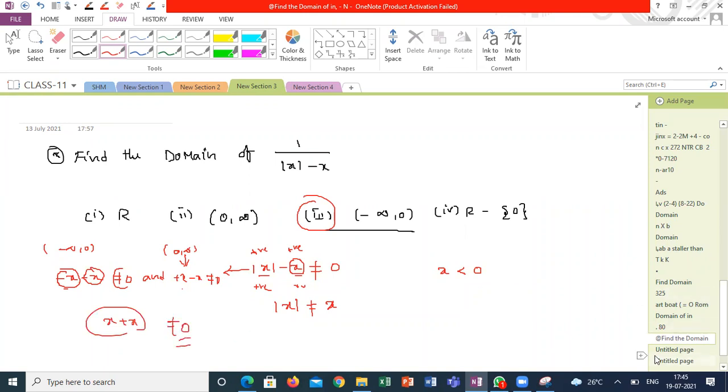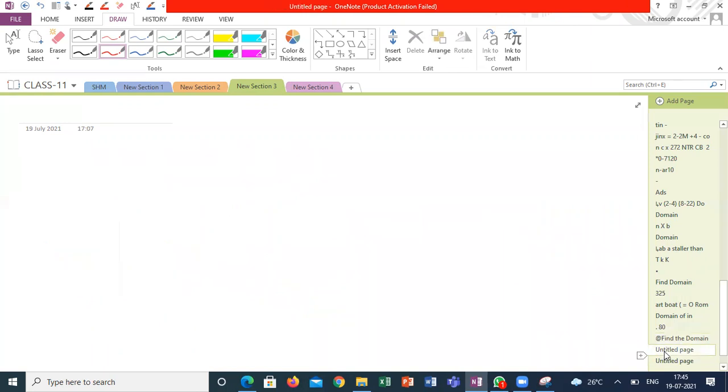Suppose the same question, if I am asking, guys, find the domain where my f of x is equal to 1 by root of mod x minus x. The options are: minus infinity to 0 is the first option.